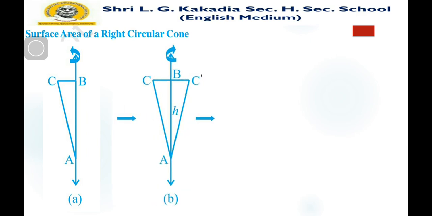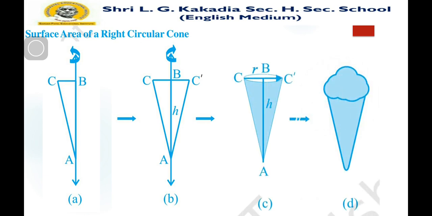If we rotate it in this way, then we get another triangle ABC, and then one more triangle ABC dash. Now we rotate it vertically, and we get such a shape. As you can see here, it is like an ice cream cone. This type of shape is known as a right circular cone because it is vertically up.